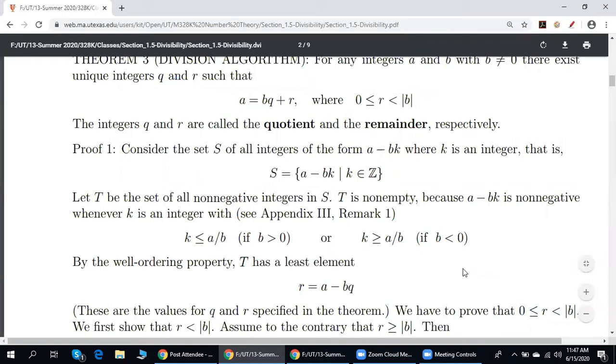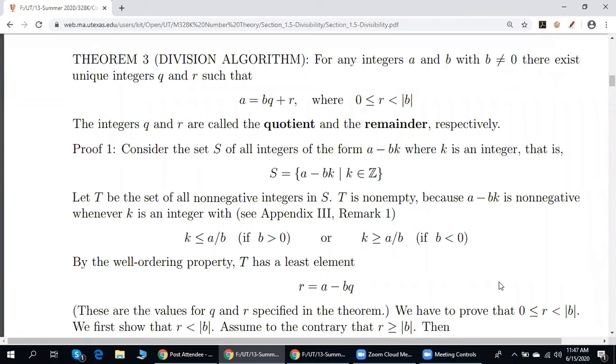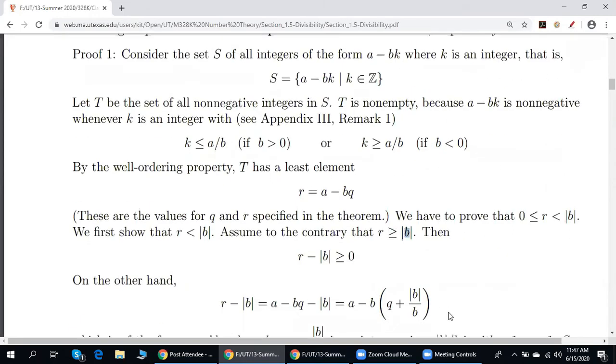The hard part is to show that R satisfies this. Let us prove that R is lesser than absolute value of B. We will prove it by contradiction. Assume to the contrary that R is greater or equal to absolute value of B. Step 1, move this to the left.